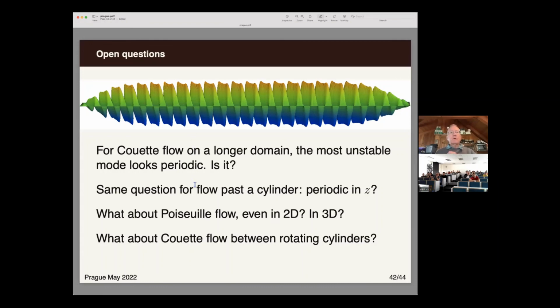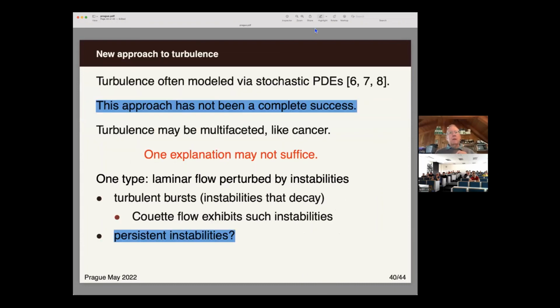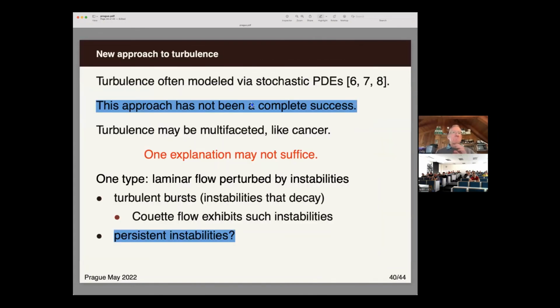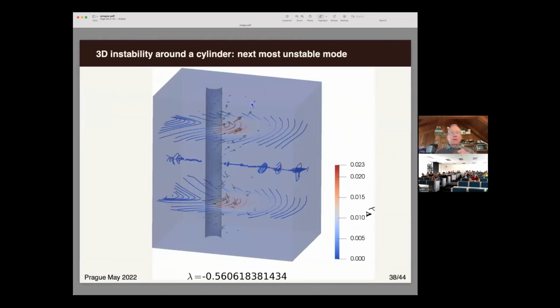The same question for flow past the cylinder, except now we're asking about periodicity in the cylinder direction. So we're asking about periodicity in this direction. We haven't done that calculation. This is tempting, but not a proof.